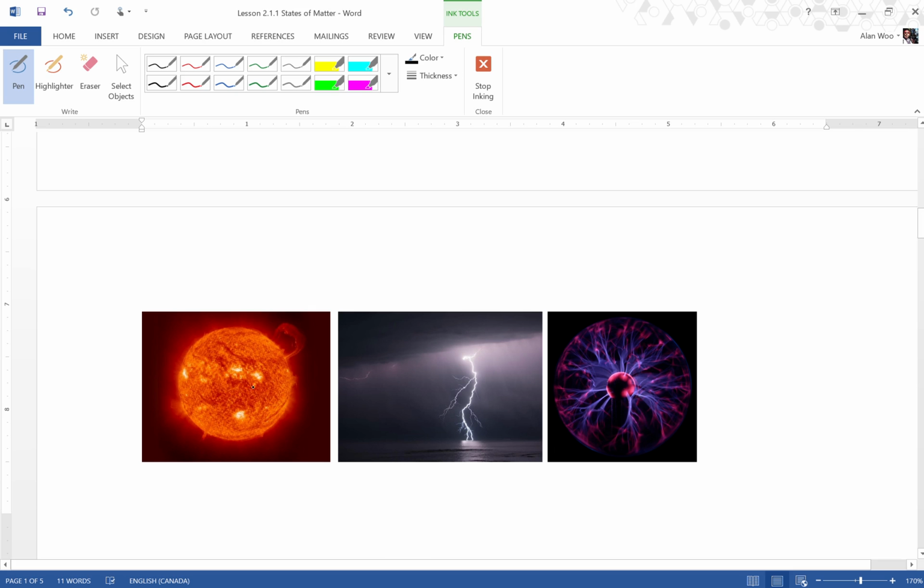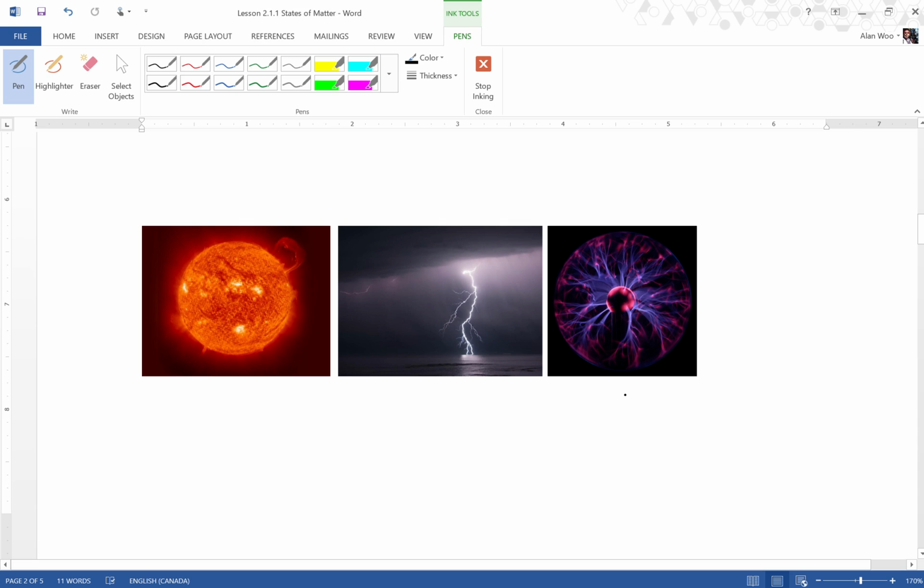So over on the far left, we have a sun. Okay, over here we have lightning, and here you have a plasma ball. That last one should give it away, because it actually has the name of this particular state. Okay, that 4th state is called plasma.